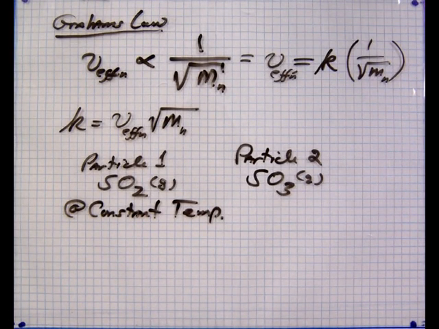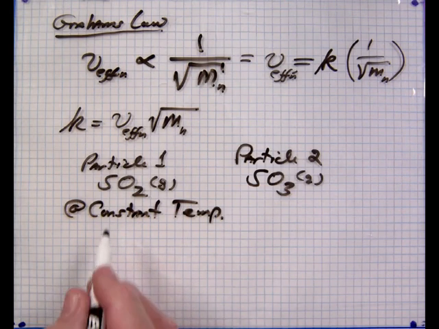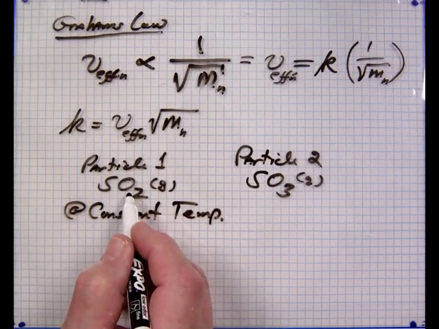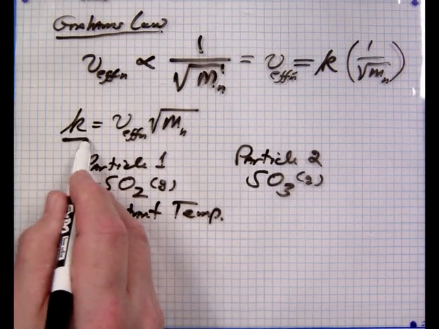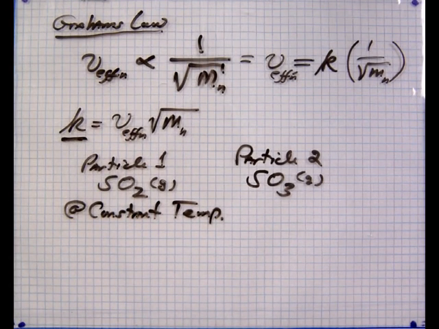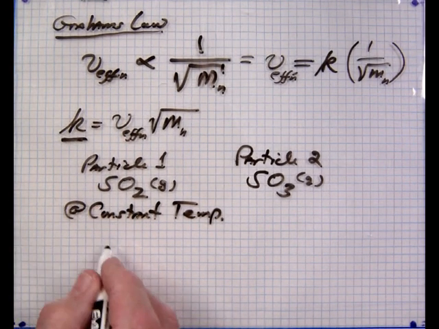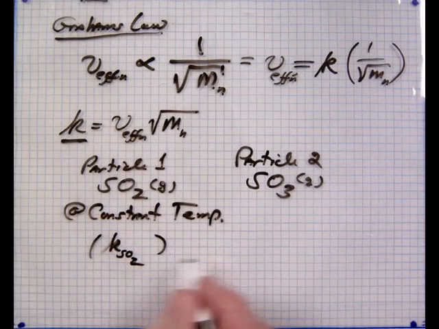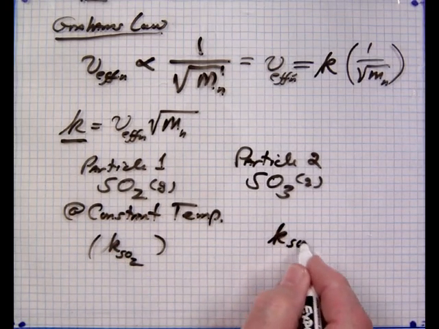Well, the logic is, as I said, that SO3 is a larger particle. But how much faster will the other go? Okay, if we assign for SO2 a K value, what does K mean? This is a constant. It means the K value that we have assigned to SO2 is equal to the K value for SO3.